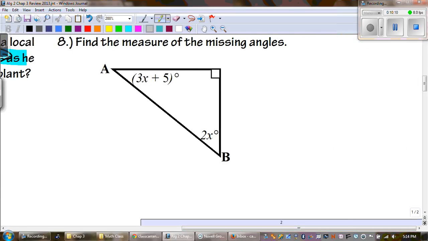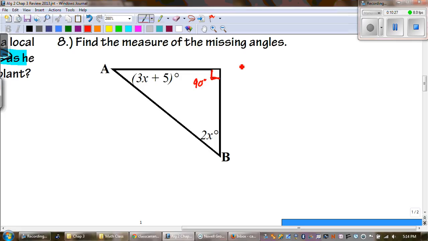All right, find the measure of the missing angles. And we got 2 missing angles right here, okay? So, a couple things we need to know. I see a right angle. Right angle is always 90 degrees, okay?